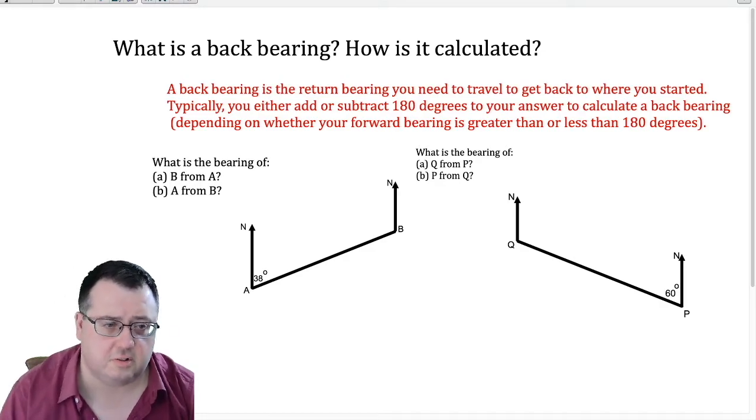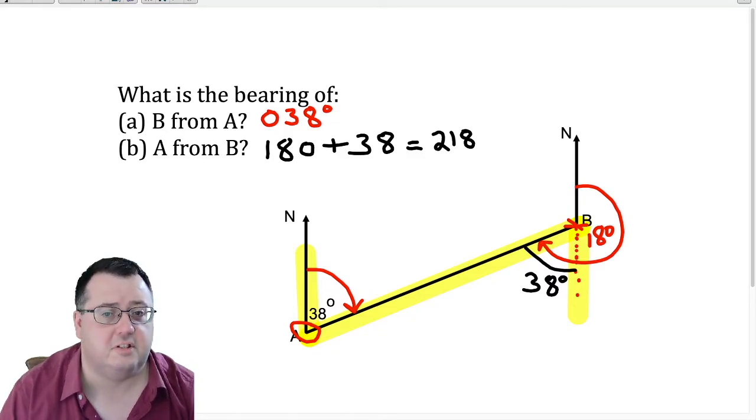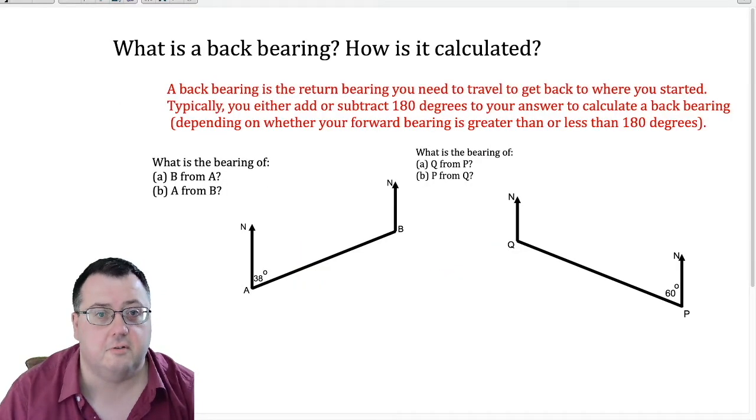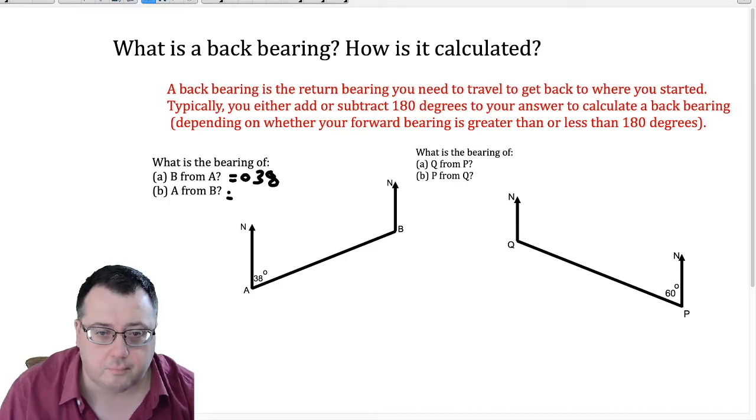This question was the question we just did here. So we worked out that the bearing of B from A was 038 and A from B was 218. So I'm going to put those on. This was 038 and this was 218.